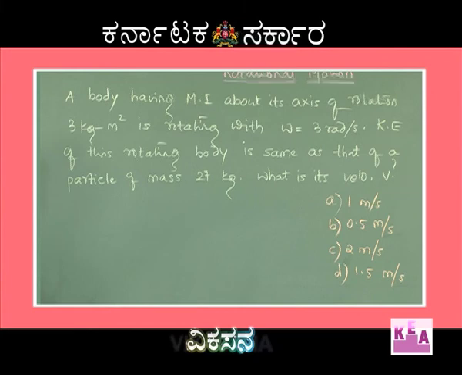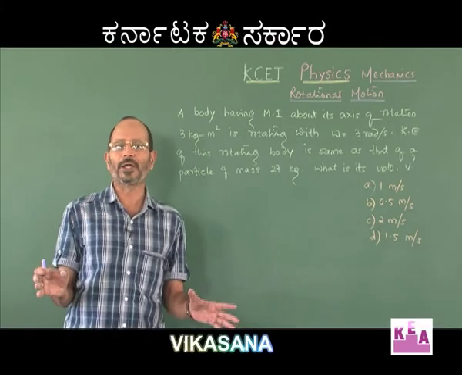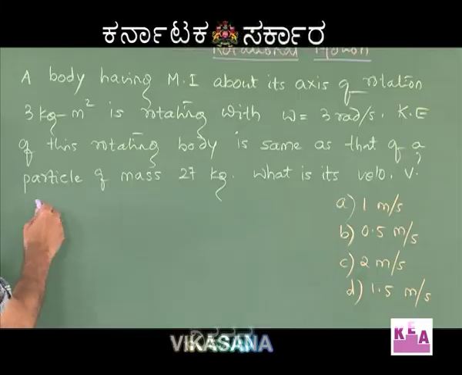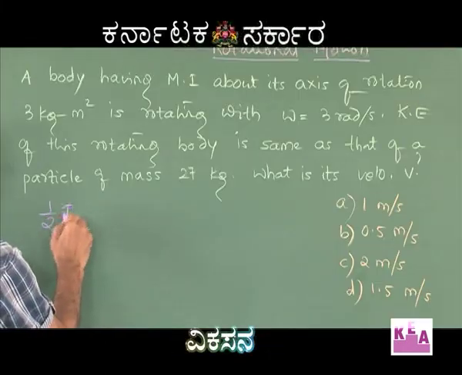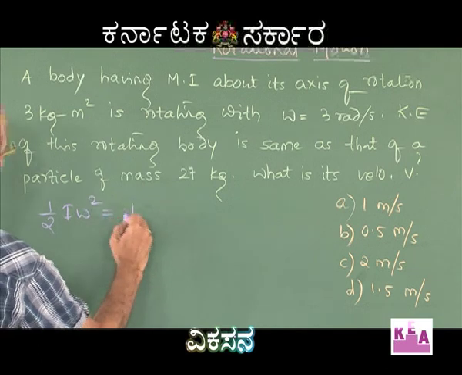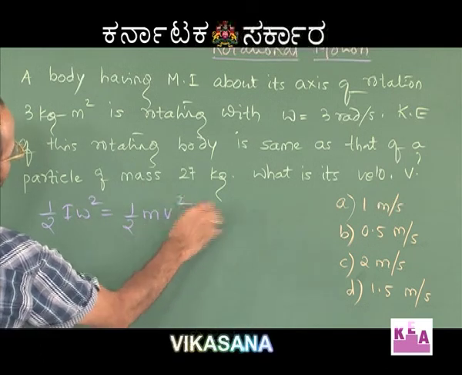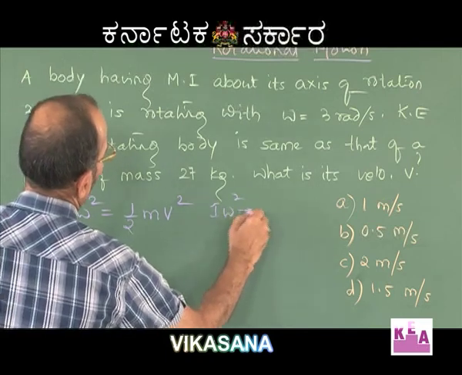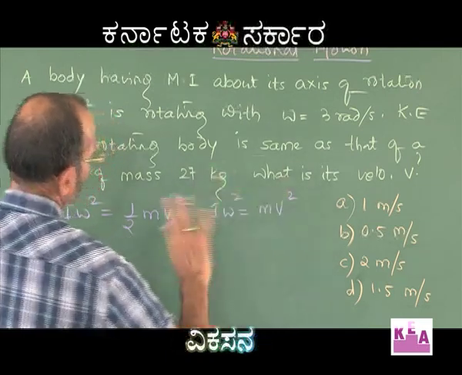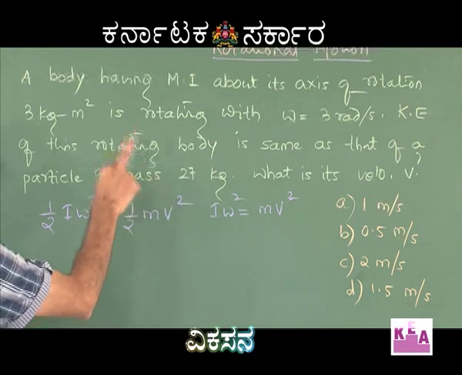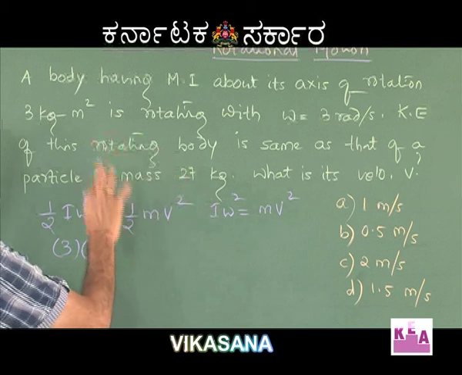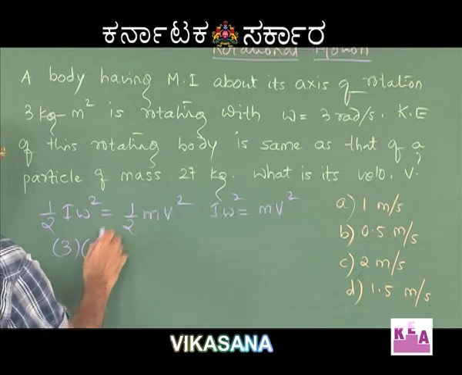That is the question. So, our job is to only write the two kinetic energies, equate them and get the velocity. I will do that. So, half I omega square should be equal to half mv square. So, half gets cancelled and you have I omega square equal to mv square. I about the axis of rotation is given to be 3 and omega about the axis of rotation is also given to be 3.